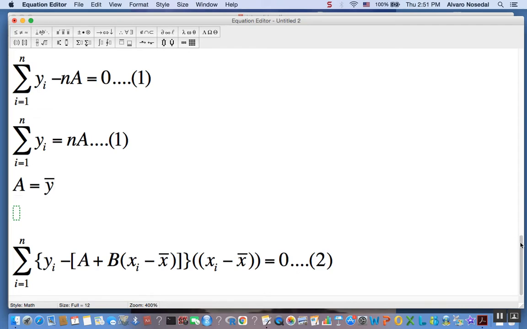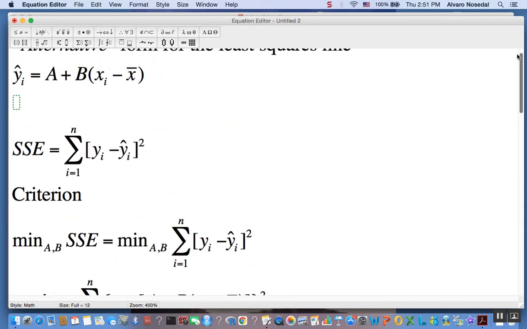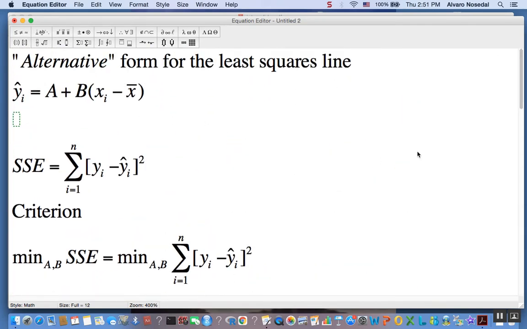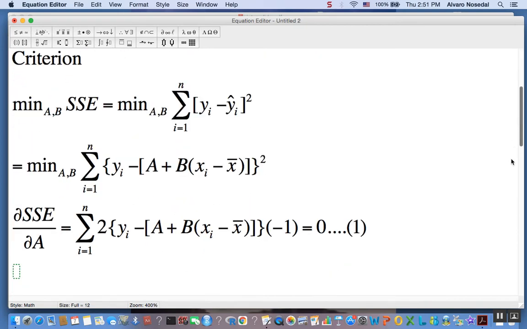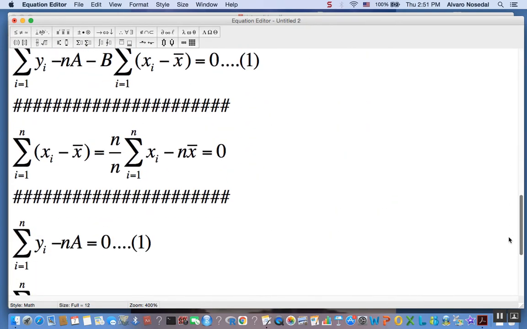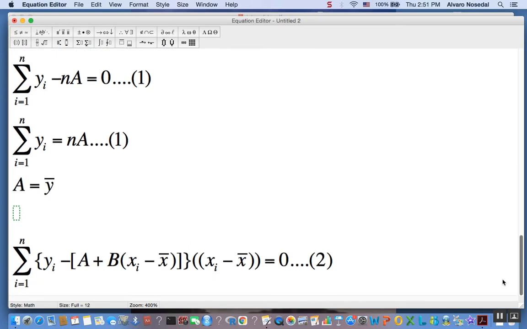So using this alternative form, for starters, it seems to be simpler thus far than the original, the regular one that we talked about at first. Okay, so now we have that one.